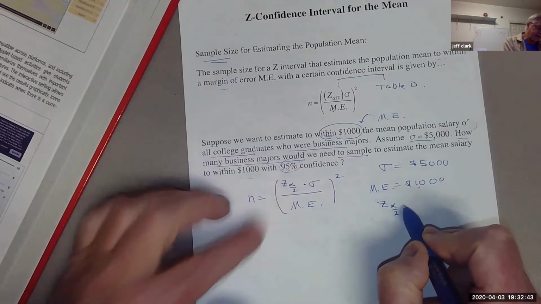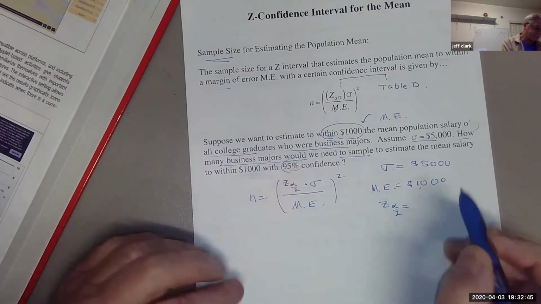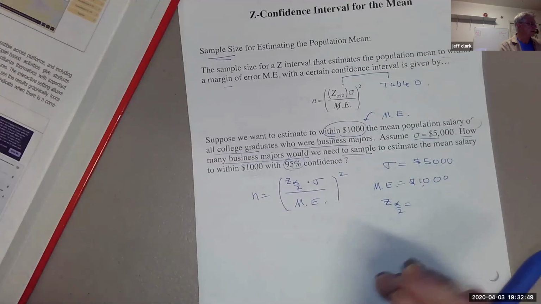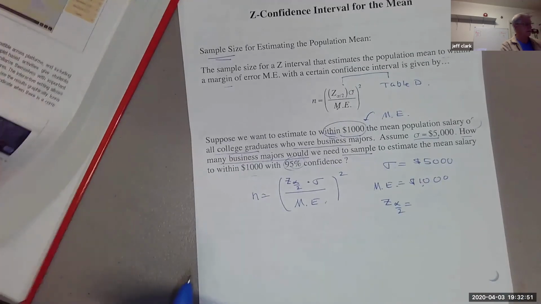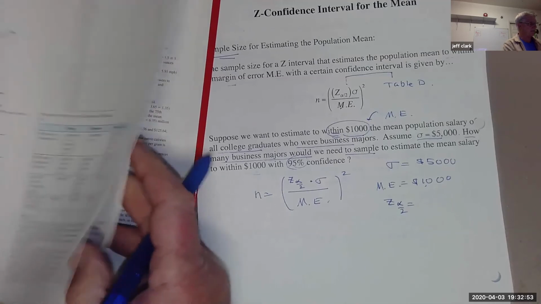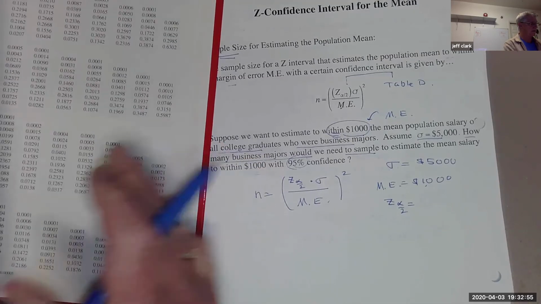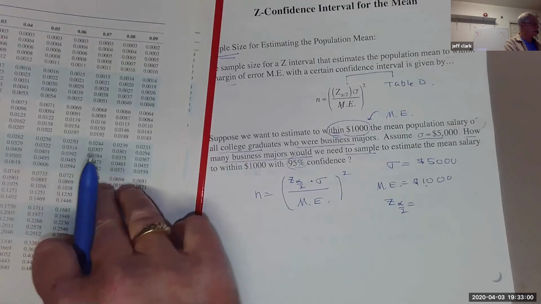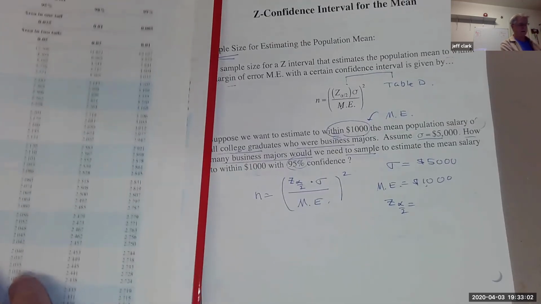It's not 95%, but it comes from the table. So here's the table again. Here it is. So 95% confidence interval.